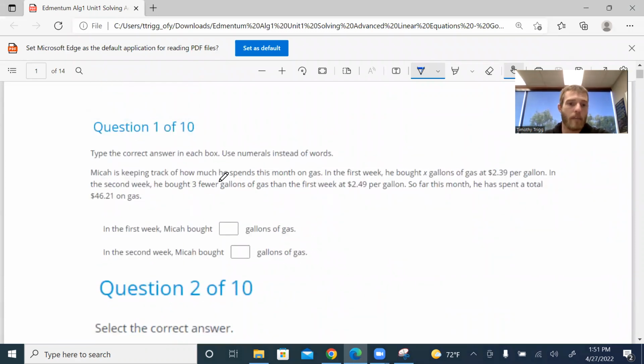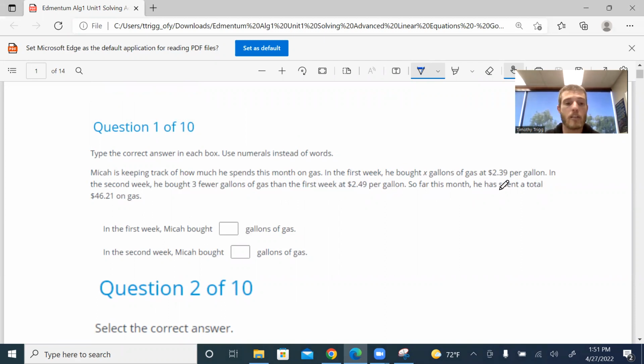Micah is keeping track of how much he spends this month on gas. In the first week, he bought X gallons of gas for $2.39 per gallon. Yeah, I wish it was that price. In the second week, he bought 3 fewer gallons of gas than in the first week. And the price went up a little bit to $2.49 per gallon.